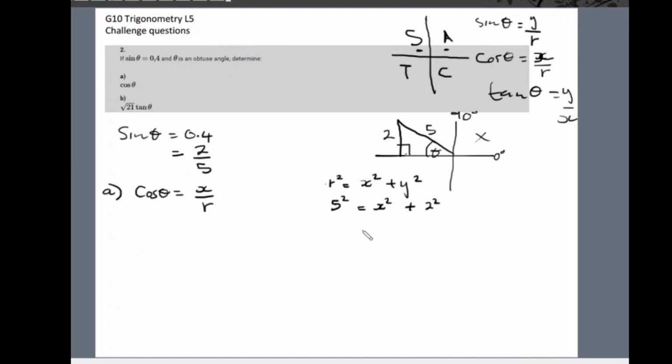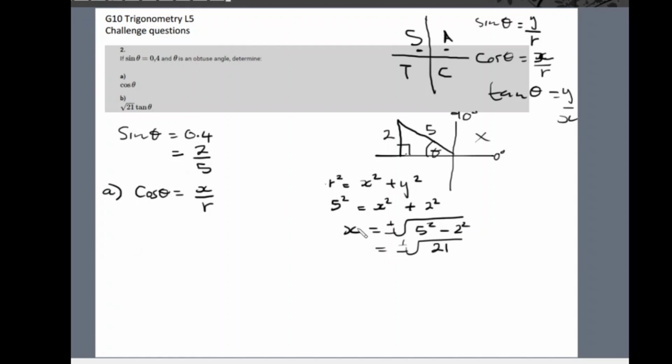Y is 2, right? So we can calculate the value of x as plus or minus the square root of 5 squared minus 2 squared, right? Which is the square root of 5 squared is 25, and then 2 squared is 4. So we have 25 minus 4, which is 21, right?